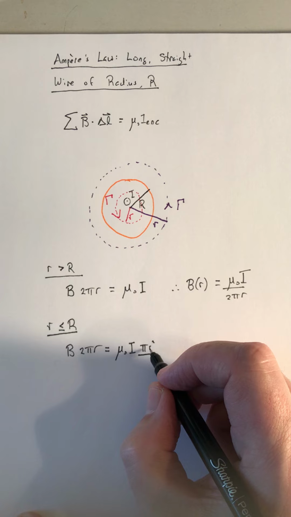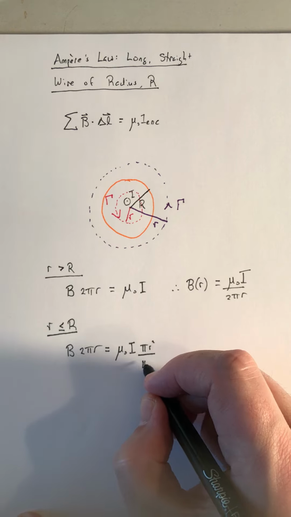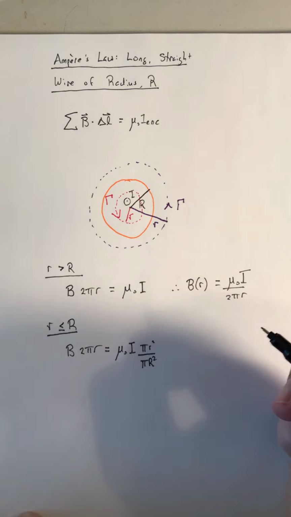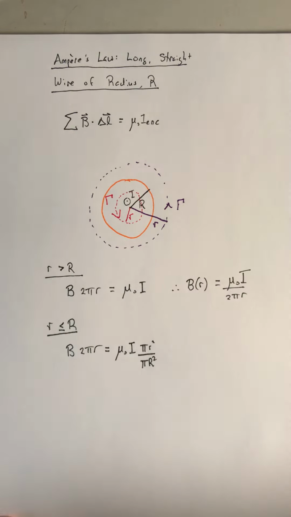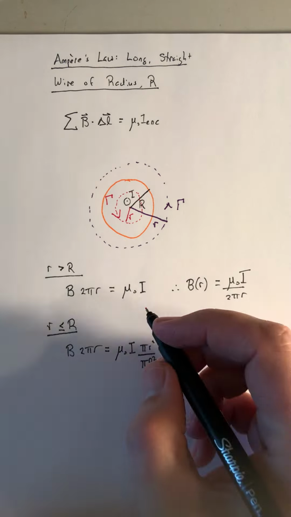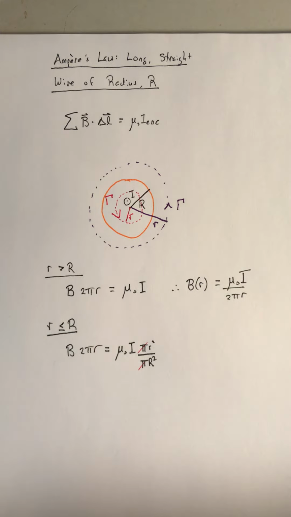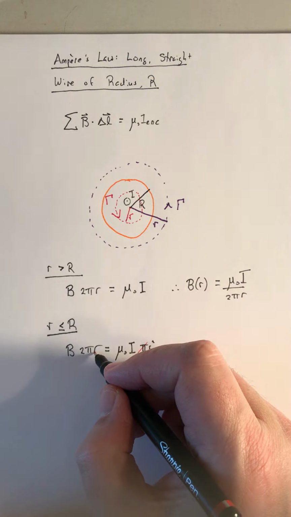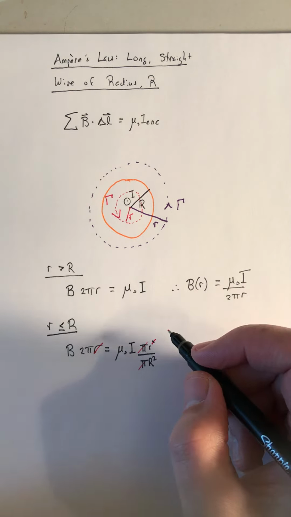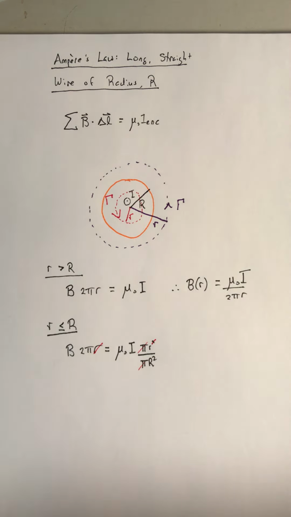So the area of my loop gamma divided by the cross-sectional area for the whole wire. And the pi's are going to cancel out. And I can also cancel out 1 power of the radius.